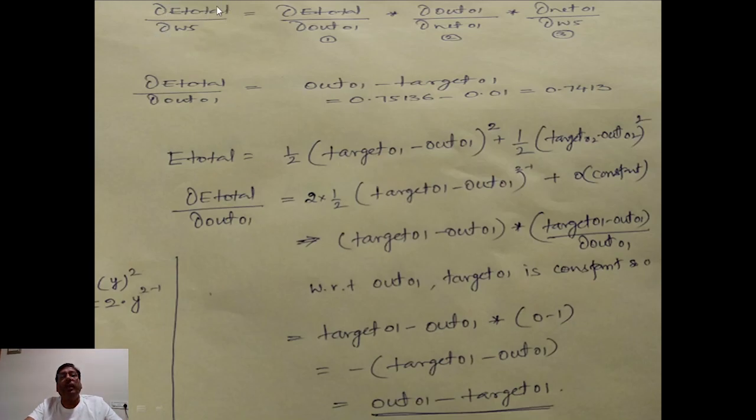So this, when you apply the chain rule, can be written as E total by out 1 multiplied by E total upon net 1 multiplied by net 1 upon W5 and so on. So now if I consider this as 1, 2, 3, when I calculate the values for this and when I multiply, I'm going to get the value of E total with respect to W5 and so on.